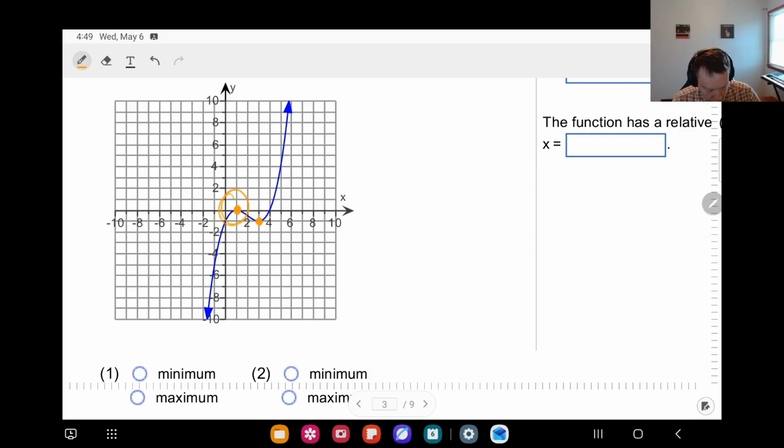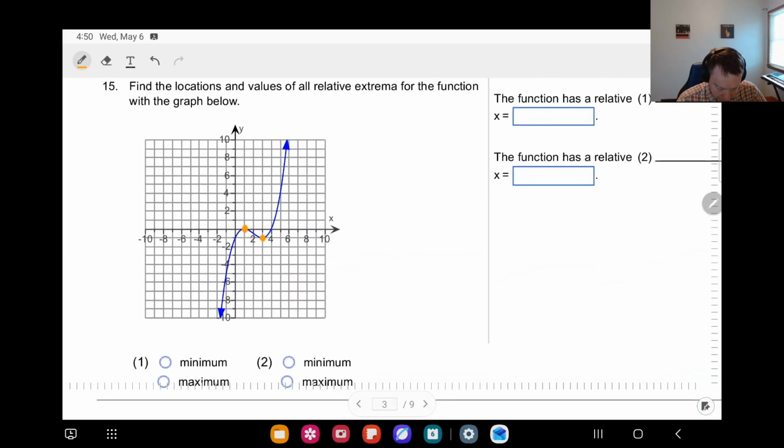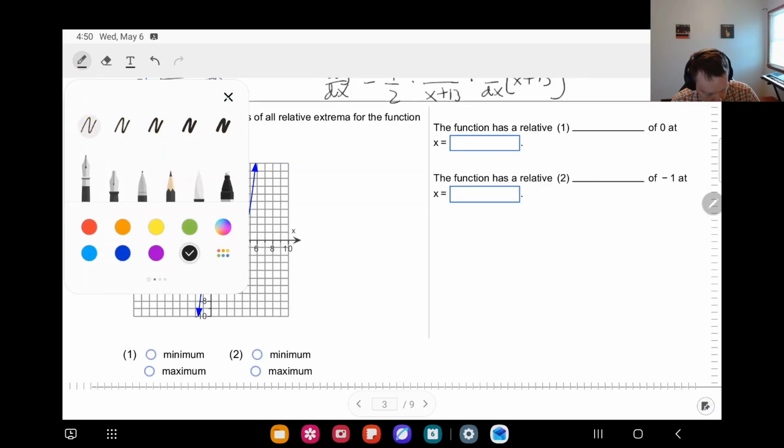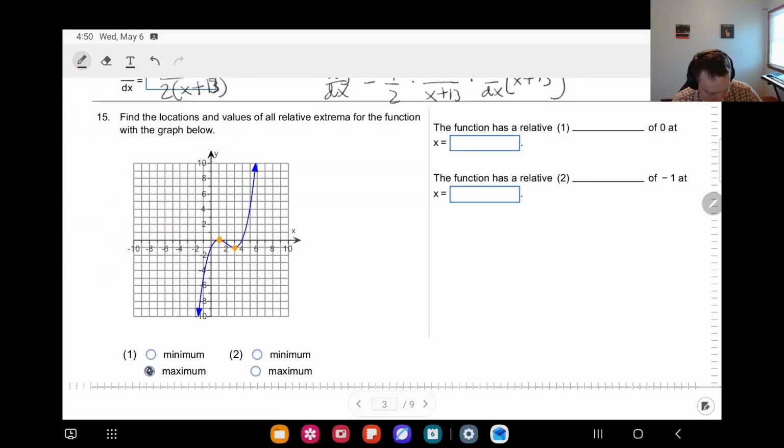So the 0 one is right here because that's the y value, that's the height. So 0 is 0 here. That is a relative maximum. It's a high point. Okay, so I just filled that in over here. It's a maximum at x equals 1.